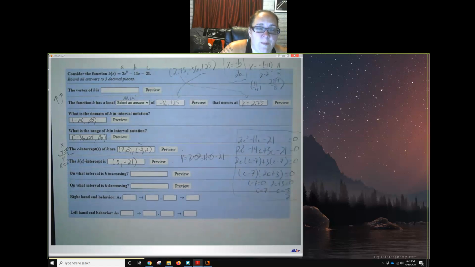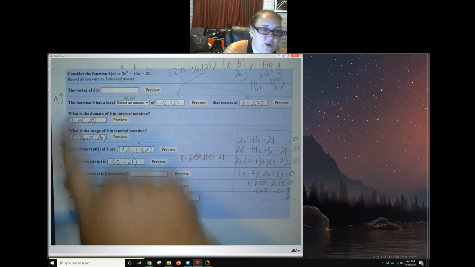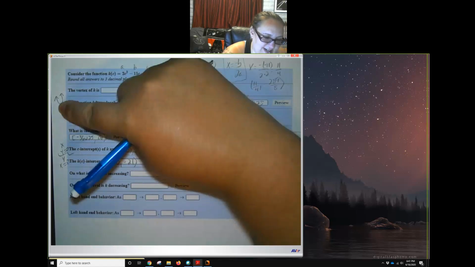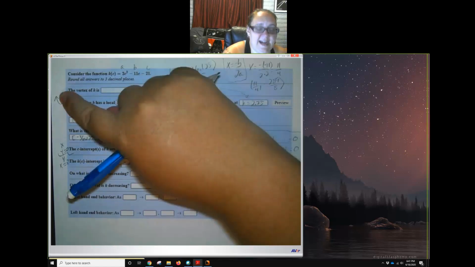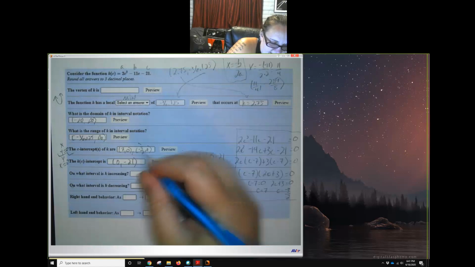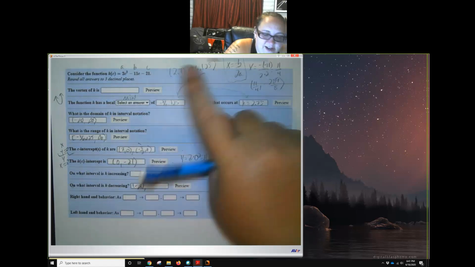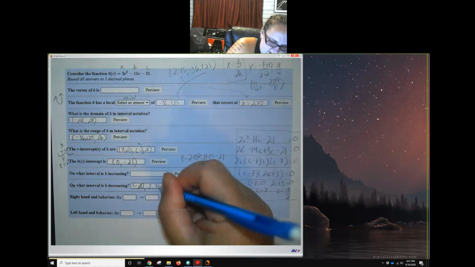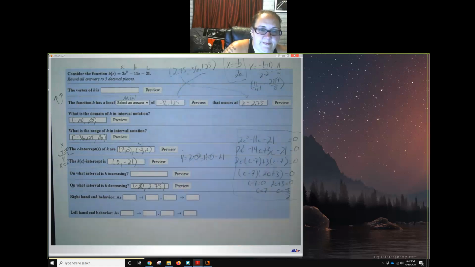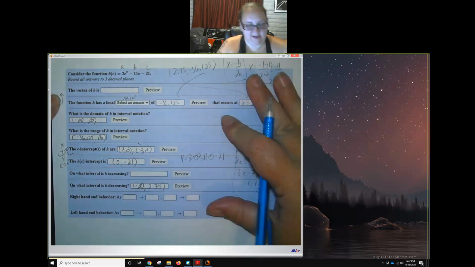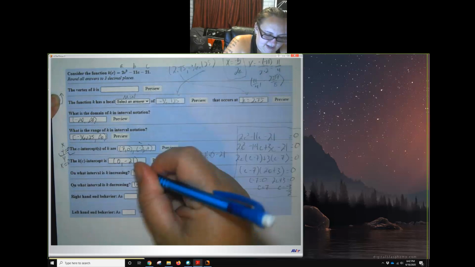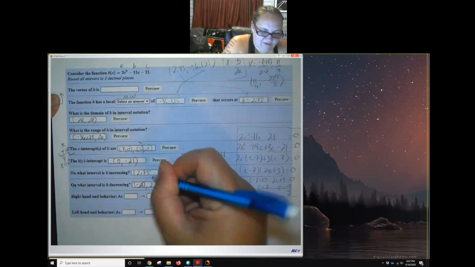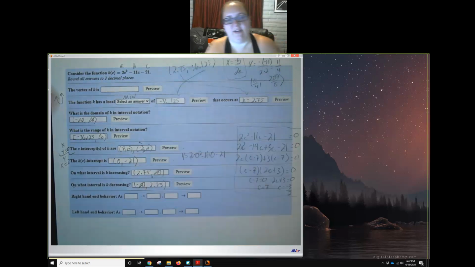Now again, this is opening up, so the left side is decreasing. And it is decreasing from negative infinity until the x value of my vertex. And the right side is increasing. And that one starts increasing at the x value of my vertex and then keeps increasing forever.